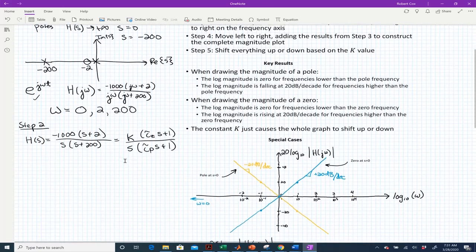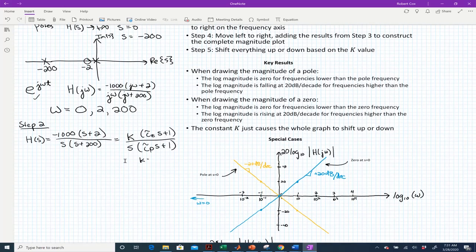In other words, I need to know what K equals, what tau z equals, and what tau p equals. So I have to factor my original transfer function to figure that out.